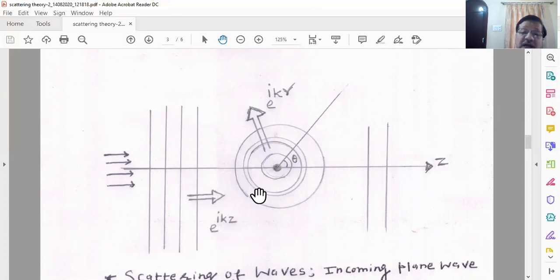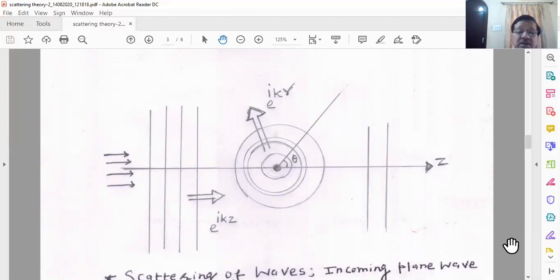Now I wrote the expression of the spherically scattered wave, which is diverging in a radially outward direction, in the form e to the power of ikr, and it is basically a spherical wave. So we will write down the expression of a spherical wave when we write down the eigenfunction for the scattered wave.